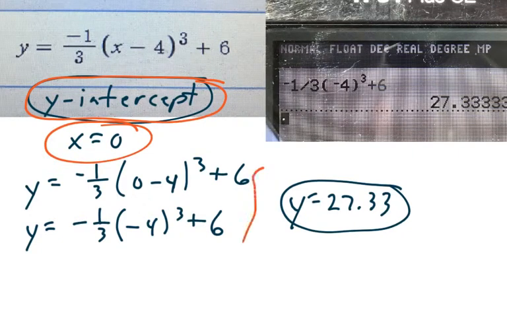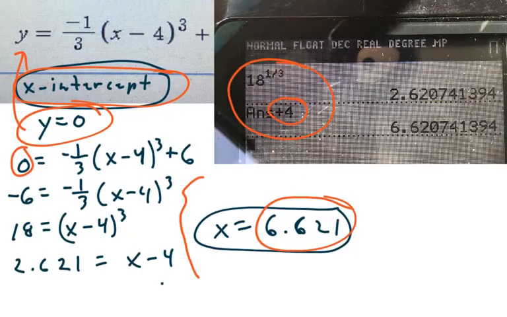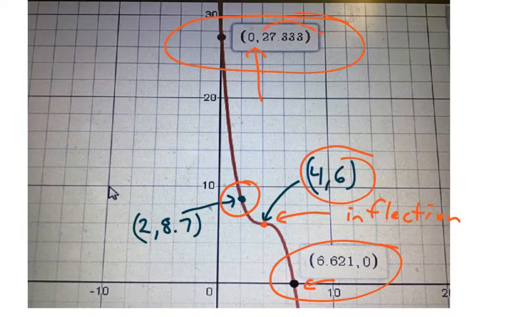And all my work in here is just, after I plugged in the 0 for x, I solved it. I got 27.33. Also, it's shown in your calculator right there, or my calculator on the screen. And that, of course, corresponds to the 27.33, which is where the graph crosses y right there.